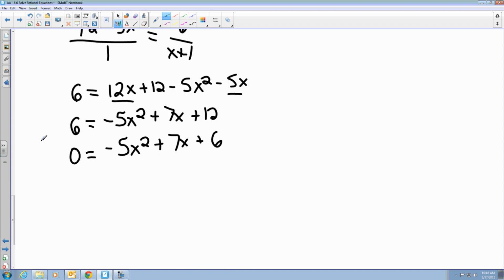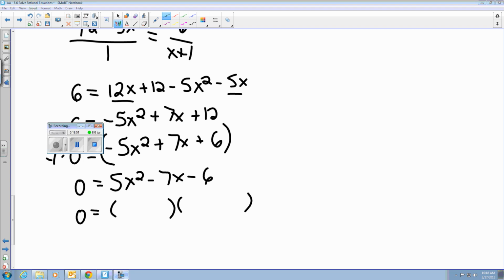But I like to have my lead coefficient be a positive number, so I'm going to multiply all this by negative 1. So now I have 0 equals 5x squared minus 7x minus 6.